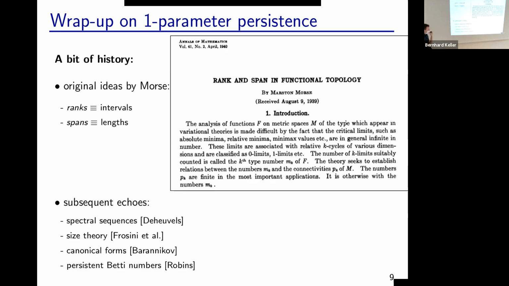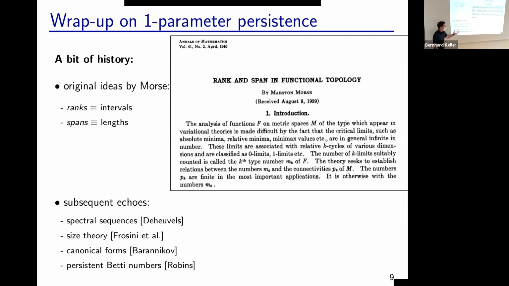Then the idea has echoed in a number of subsequent works. In spectral sequences, for instance, spectral sequences are a way to compute the persistence barcode associated with persistence modules. Later on in the 1990s, there was a theory developed by some Italian groups, called size theory, which reinvented, so to speak, this theory in the special setting of homology in degree 0.